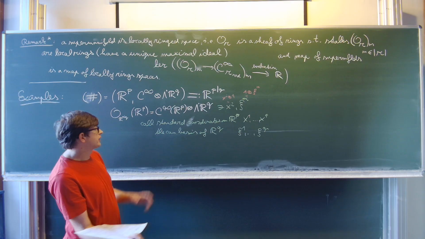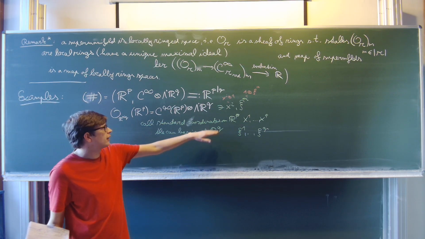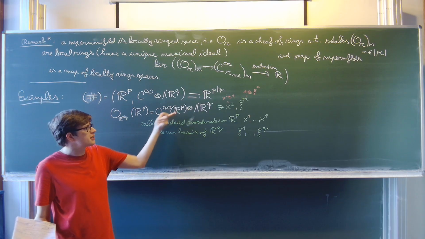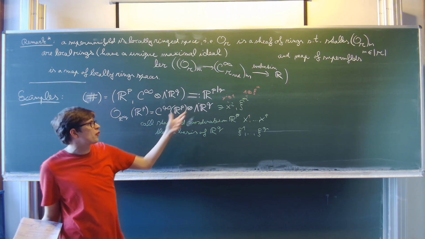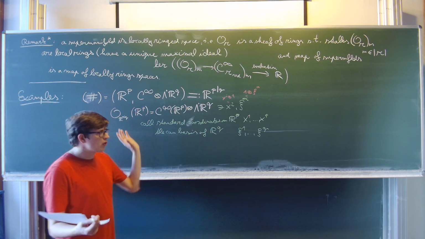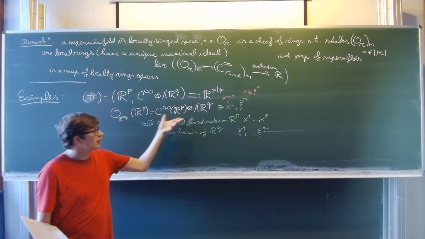So the moral of the story is that if I choose this data, it produces a bunch of special elements in here. And in some sense, you can see this algebra as being generated by those things. Of course, this is not polynomial, this is all smooth functions, so it's not really. But morally, you can think of these things as being generated from this algebra.